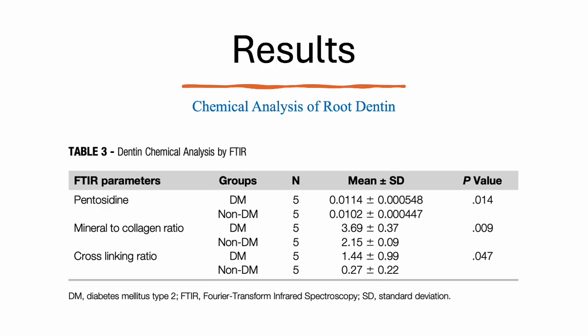Pentosidine levels, mineral collagen ratio, and collagen cross-linking ratio were found to be significantly higher in root dentin of teeth with vertical root fracture and diabetes mellitus when compared to root dentin of teeth with vertical root fracture and without diabetes mellitus.